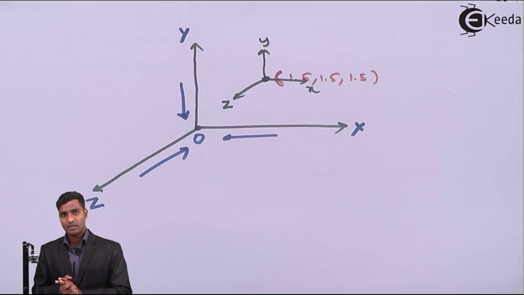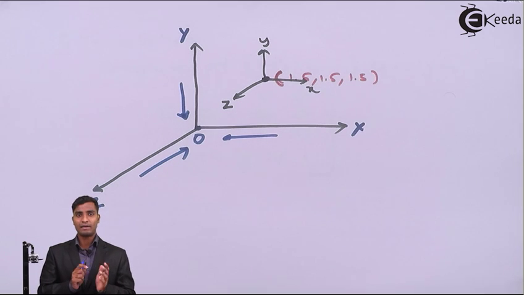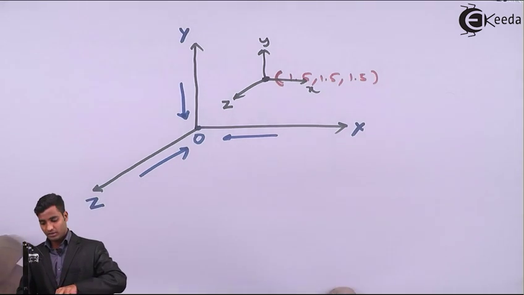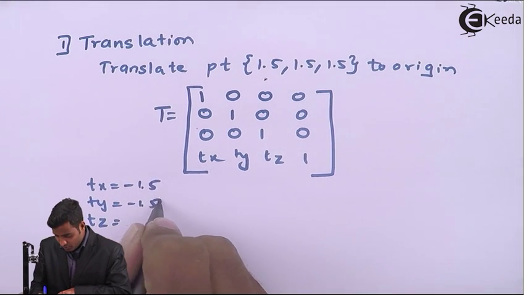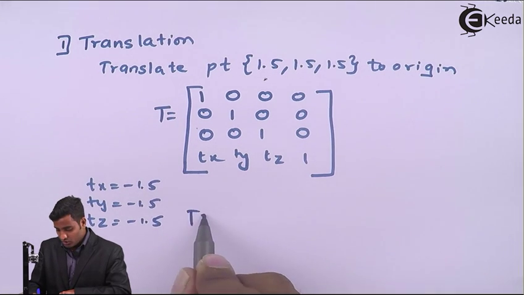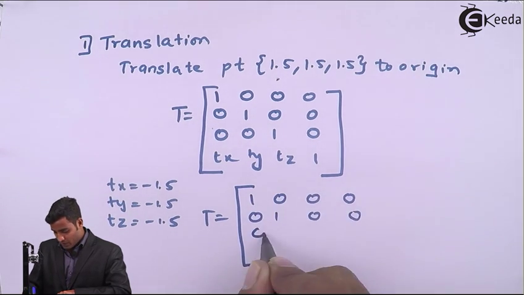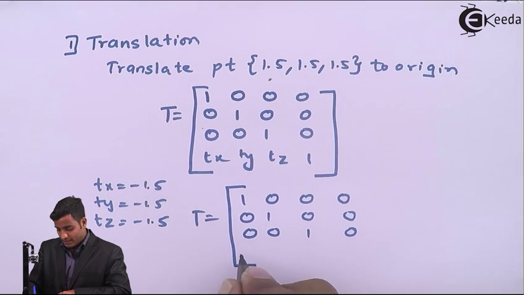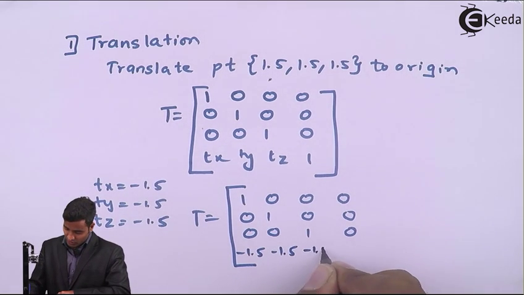In all directions the distance to be travelled is 1.5 along x, y and z. So it is minus 1.5, minus 1.5, minus 1.5. Now we will replace the values: tx is minus 1.5, ty is minus 1.5, and tz is also minus 1.5.